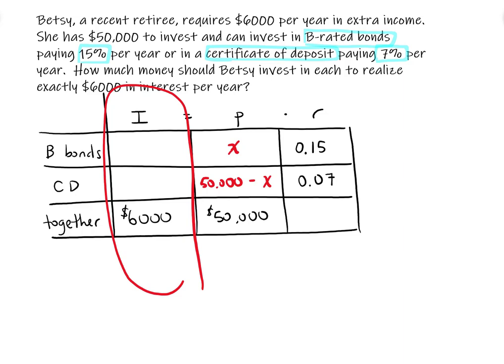And so to be able to fill in the rest, we're going to use this formula here at the top. It says principal times rate. So I'm going to get 0.15x in this one, and I'm going to get 0.07 times 50,000 minus x.